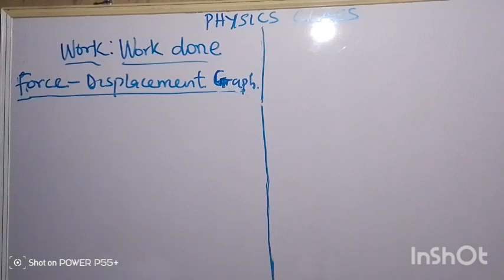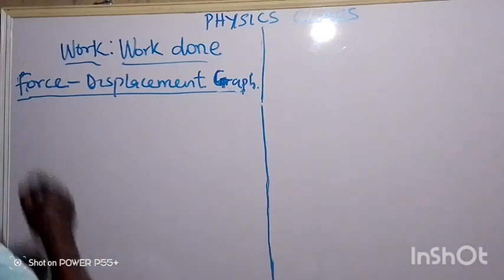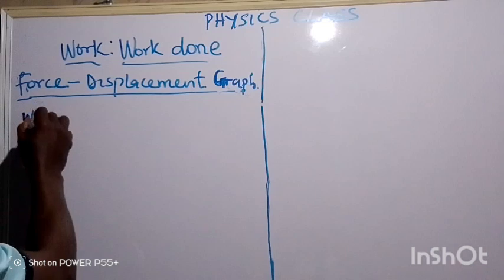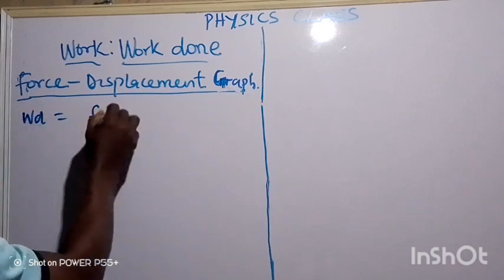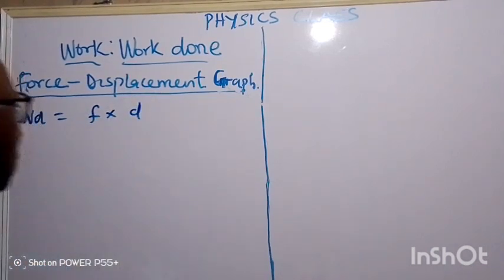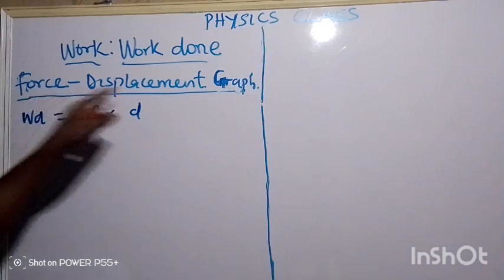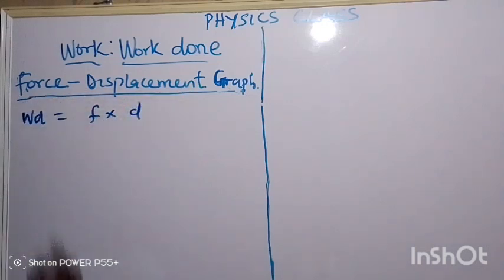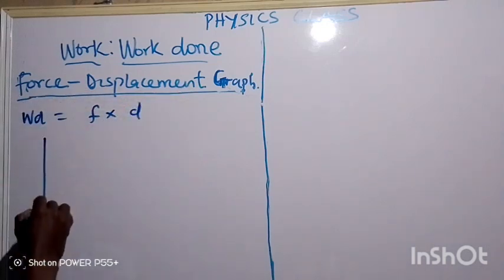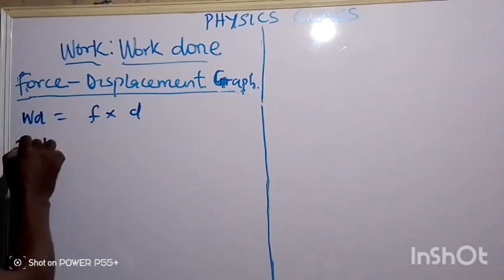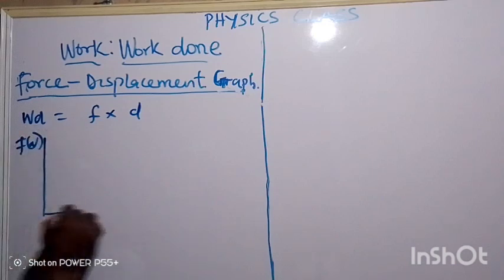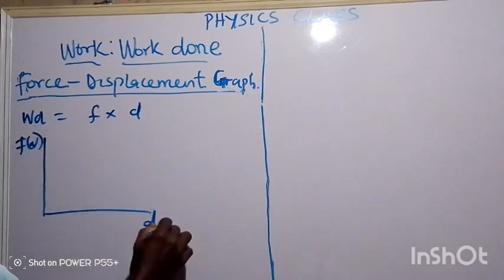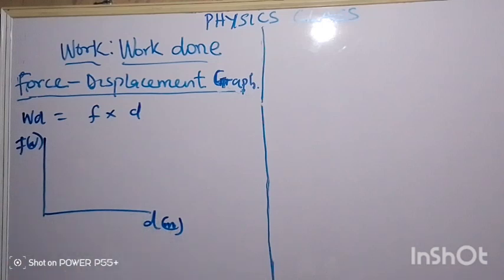From what we have done in our previous lesson, we already know that work done is equal to force multiplied by displacement. So when you say force displacement graph, it means force will be on the vertical axis in Newton, then displacement will be on the horizontal axis in meter.